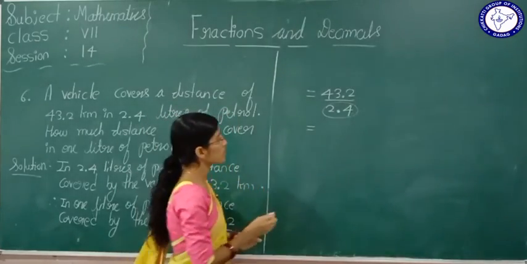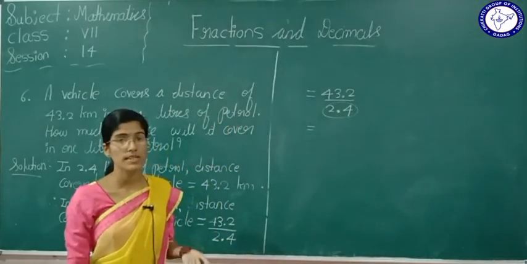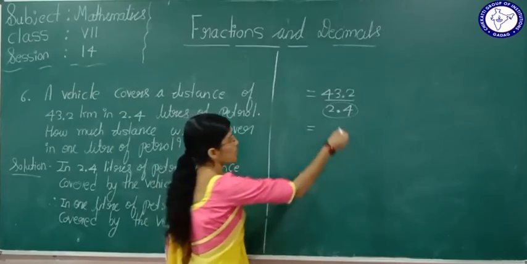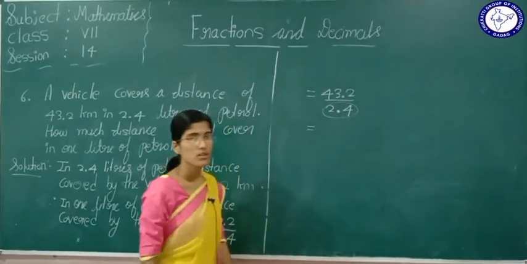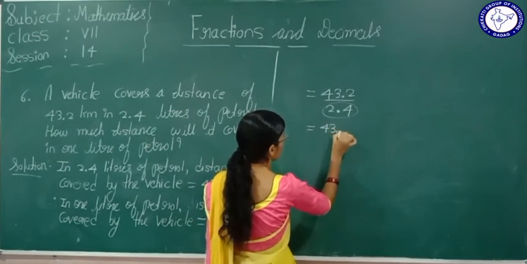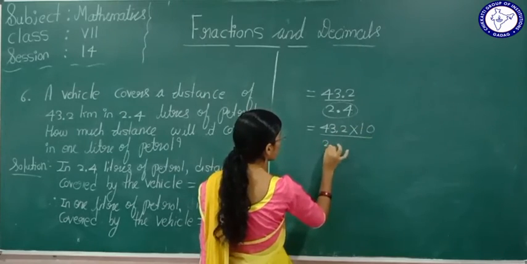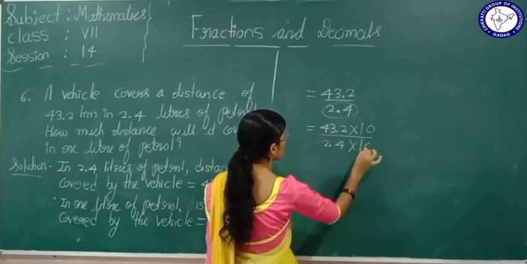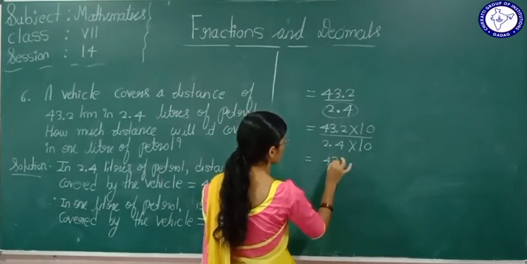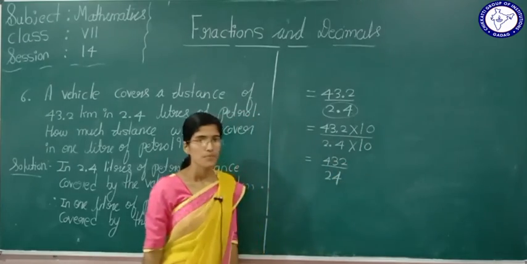So to convert this decimal number into a whole number, we are going to multiply the numerator and this denominator by what? By 10. So what will it become? 43.2 into 10 divided by 2.4 into 10. Now if you multiply it by 10, what will it become? 432 divided by 24. Okay.